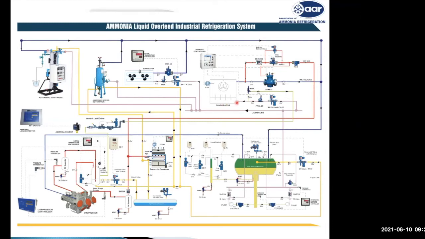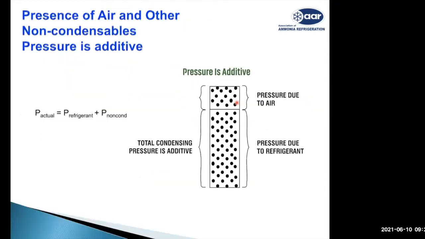So let's now see what happens when there is air in ammonia. We'll study both things separately. Let's look at what happens when there is air in an ammonia plant. In refrigeration systems, as you all know, fundamentally pressure is additive.